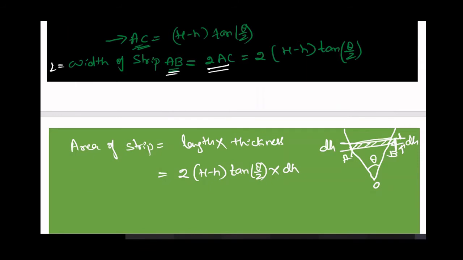Now I will write the expression for discharge. Expression for discharge depends on area into velocity. Area formula you have written, but we don't know the formula for velocity. So velocity of flow through that strip, v is equal to, or you can write velocity of fluid flow through strip.